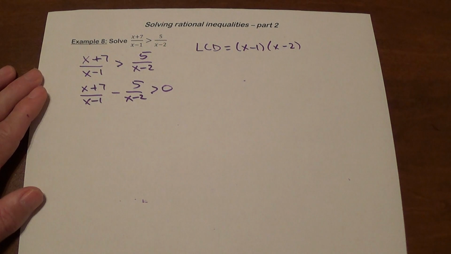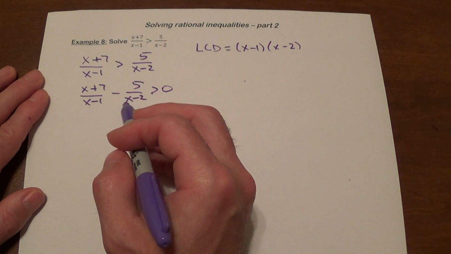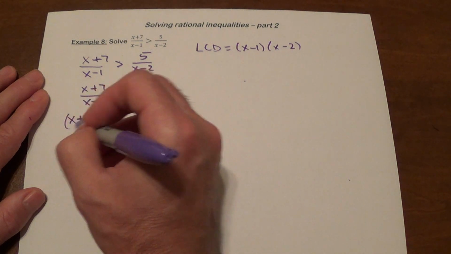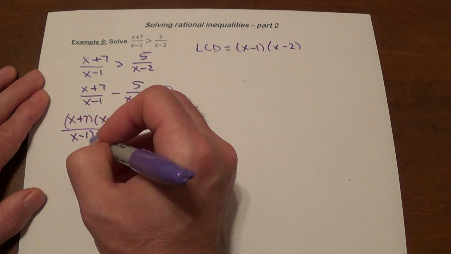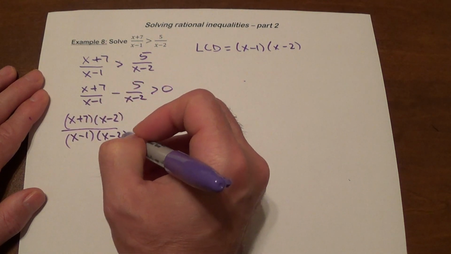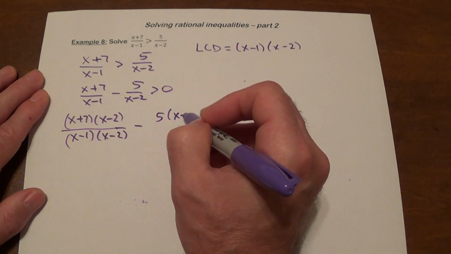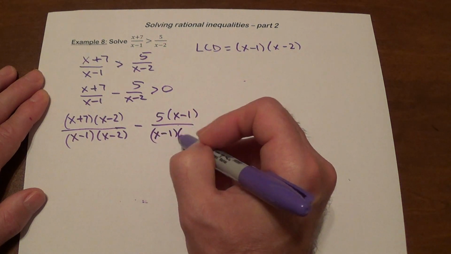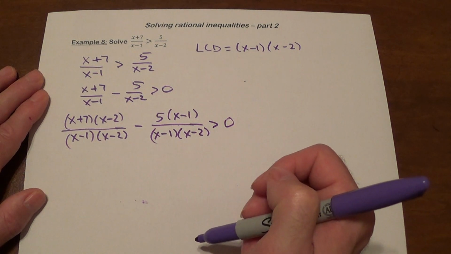So that's what we're getting. We're going to multiply this one by x minus 2 and this one by x minus 1. So we have x plus 7 times x minus 2 divided by x minus 1 times x minus 2. The second one is going to be 5 times x minus 1 divided by x minus 1 times x minus 2, greater than 0.